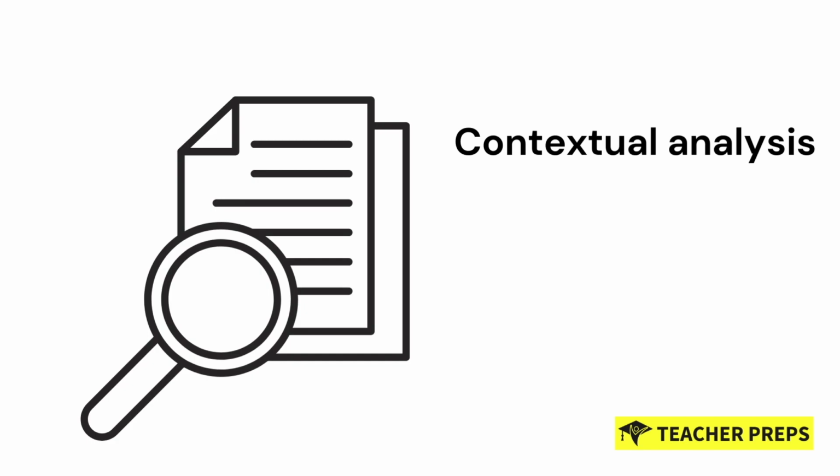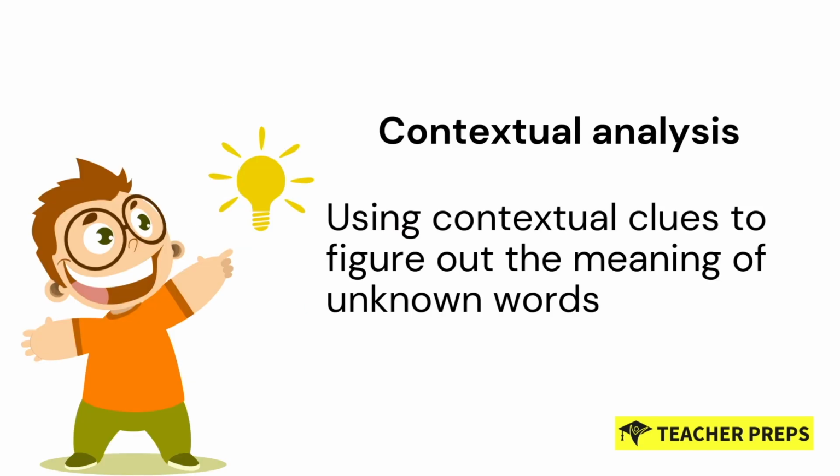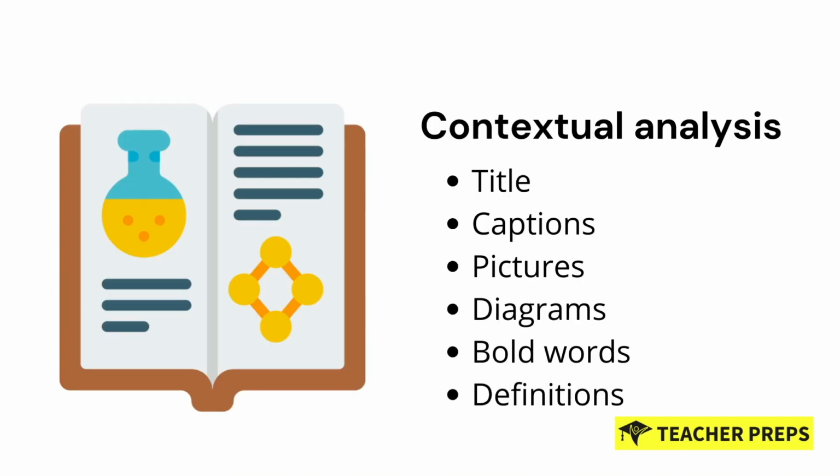However, it's important to know the second strategy called contextual analysis. Contextual analysis is when children use contextual clues to figure out the meaning of unknown words. What helps me best understand contextual analysis is to think about the textbooks that kids read in their science classes.